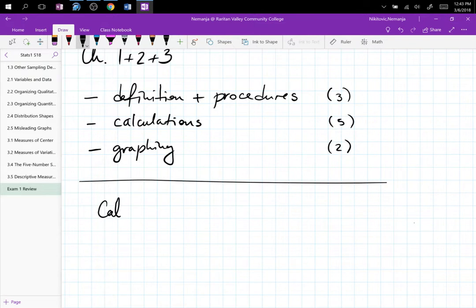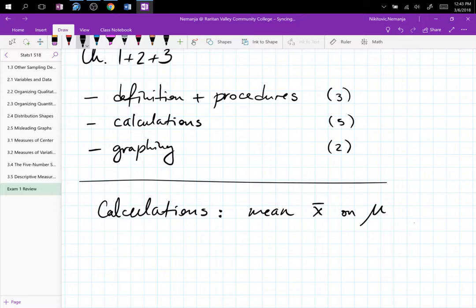Now, calculations. What are we calculating? What do we first calculate? We calculate the mean, so we have X bar or mu. One is sample, one is population.